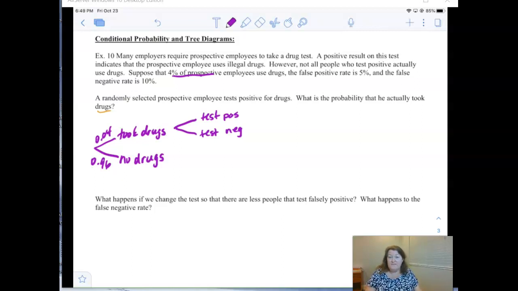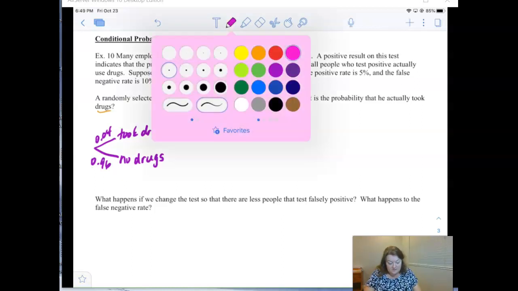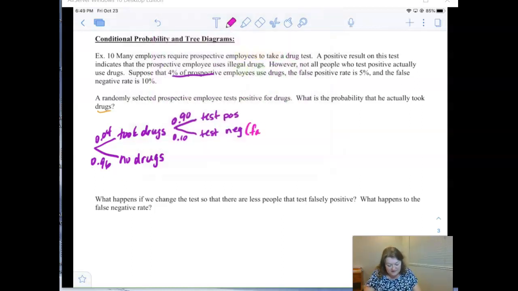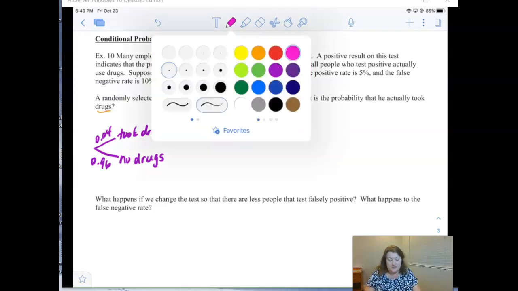So we would call that a false negative because it's something that happened wrong. We wouldn't expect that to happen. Okay, so let's see if we can figure out those. So we are looking for some of the other numbers. Let's see, a false positive, no, we have a false negative. So a false negative is the 10%. So that means this is the 90. Okay, so I'm going to double check here and write and say this is a false negative. We got a negative result on the test when we shouldn't have.